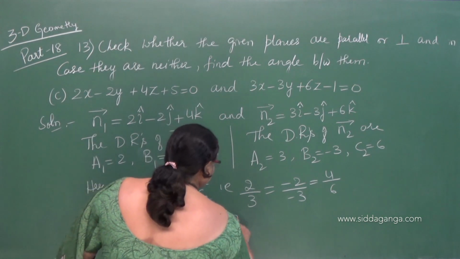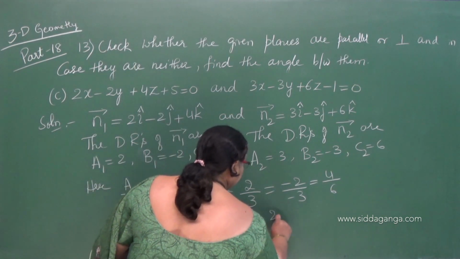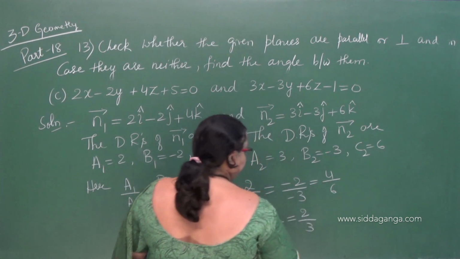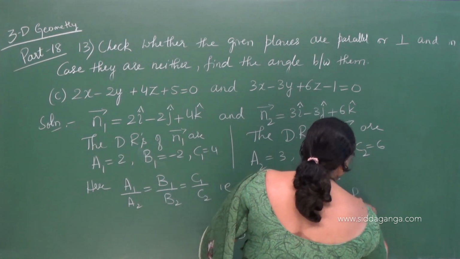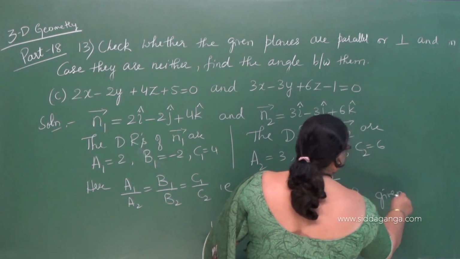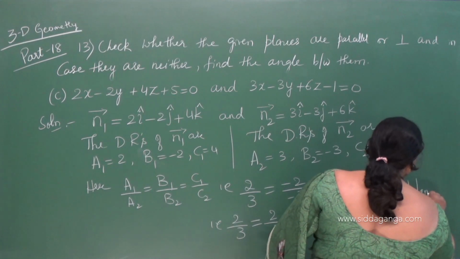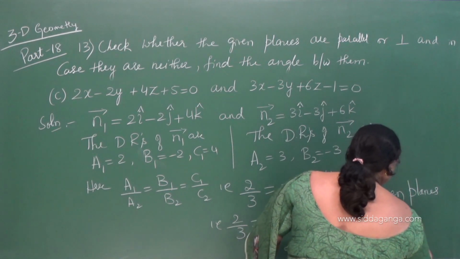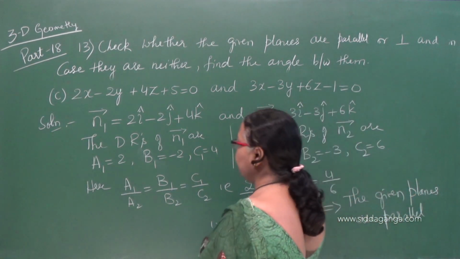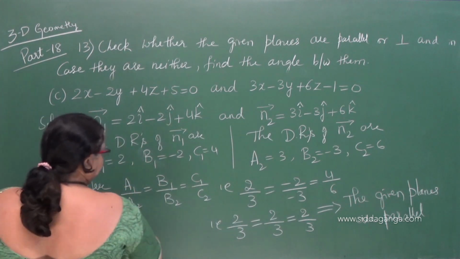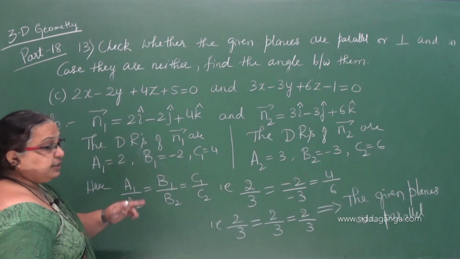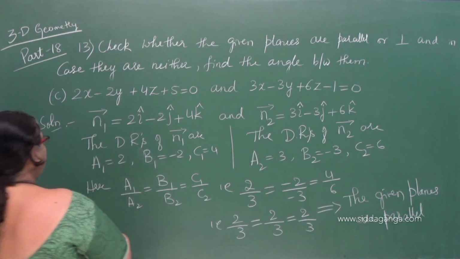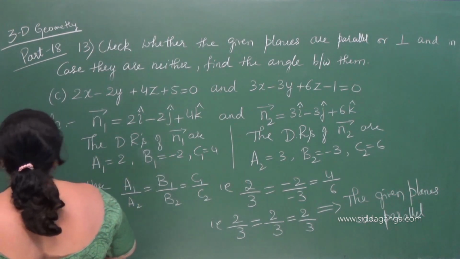That is 2 divided by 3 equal to 2 divided by 3, equal to 2 divided by 3, which implies the given planes are parallel. That is the conclusion here. Since the direction ratios of the normal vectors are proportional, it implies that the given planes are parallel. So that is how we have to solve the given problem.